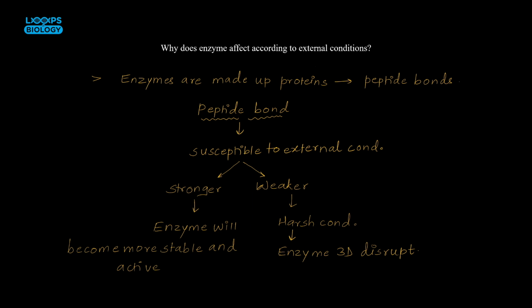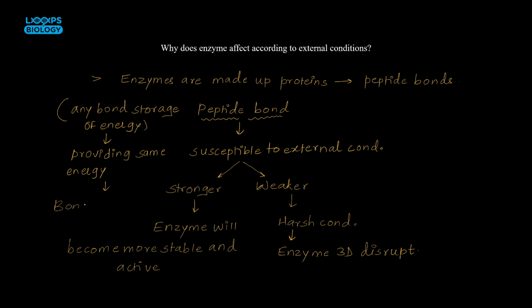So basically the peptide bond is a storage of energy. Any bond is nothing but storage of energy. And after providing the same energy from outside, the bond is going to get broken down.